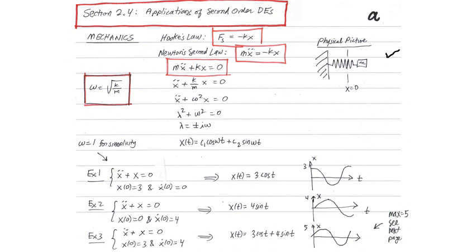acting on the mass. This might seem like a fairly specialized problem, but it turns out this is a very typical type of oscillation that is really fundamental in a lot of other subjects.